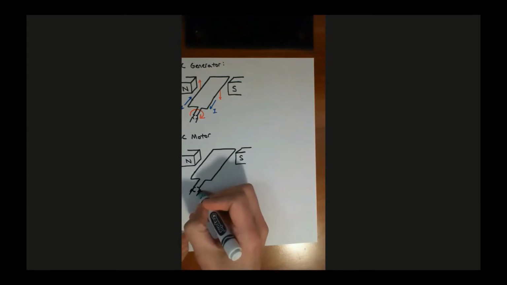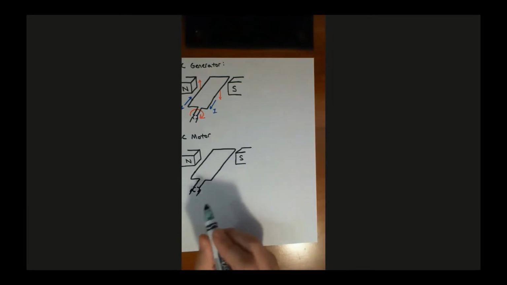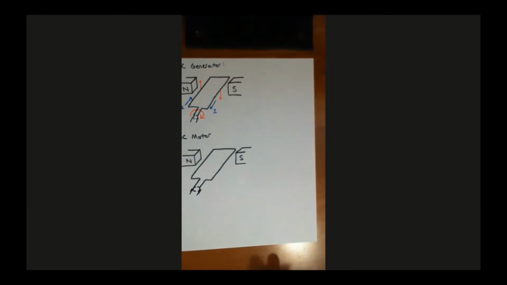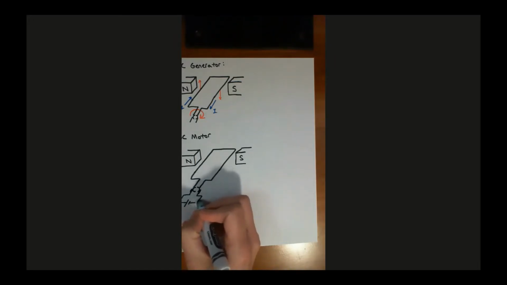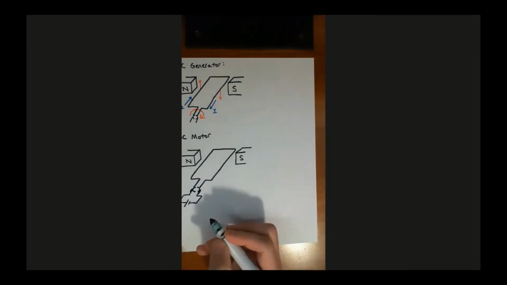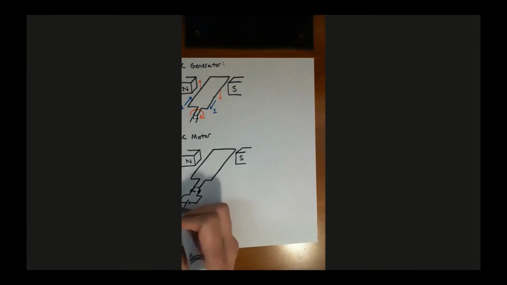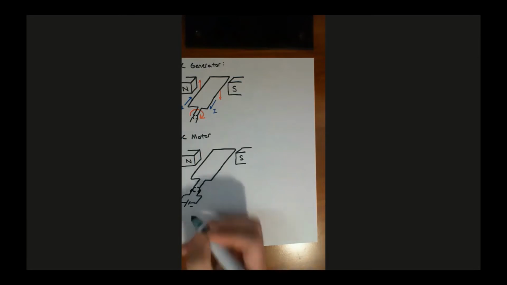Here's the brush that's stationary, riding on those rotating segments of the split ring commutator. And then over here, I'm going to apply a voltage. All right, so there's my voltage. And this is the positive side, and this is the negative side.